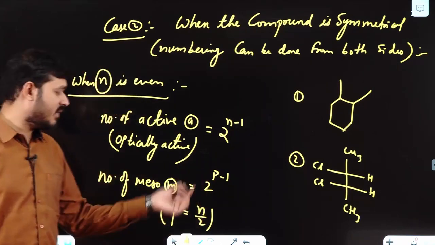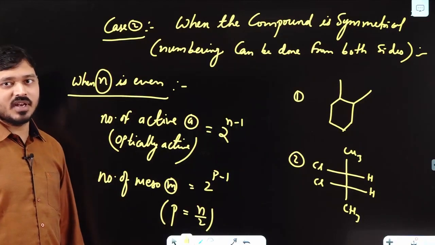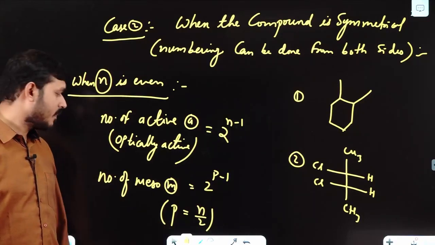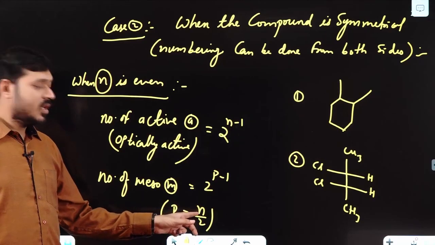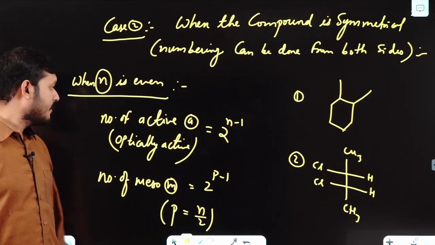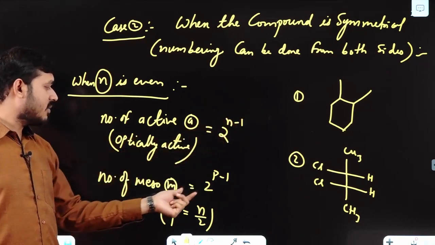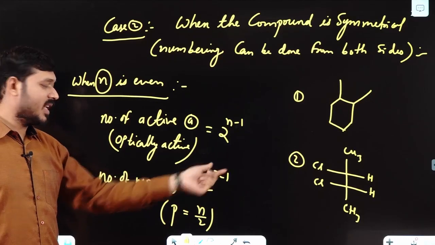Okay, as n is even, so an even number by 2 will give you a positive integer value only, 1, 2 or 3 and so on. Suppose n equals 2, then 2 by 2 is 1; n equals 4, then 4 by 2 is 2, simply. So active isomers is given by 2 to the power n minus 1, and meso part is given by 2 to the power p minus 1.